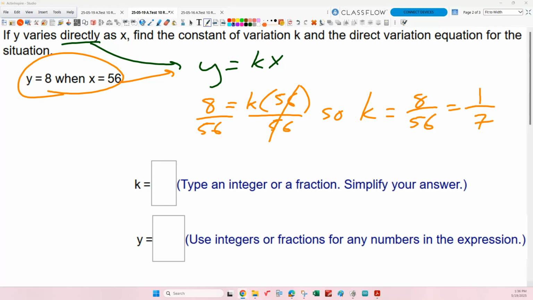I could divide each of those by 8, couldn't I? So I get 1/7. And then what's my variation equation? Now I know what k is, so I just plug in that value for k, and I've got it. y equals 1/7 times x. And I could use that equation and plug in any value of x I want, and find the corresponding value of y, right?